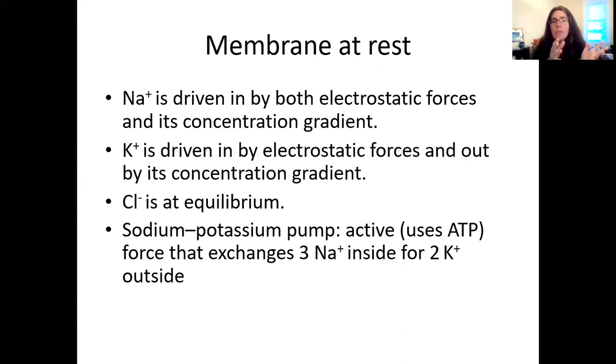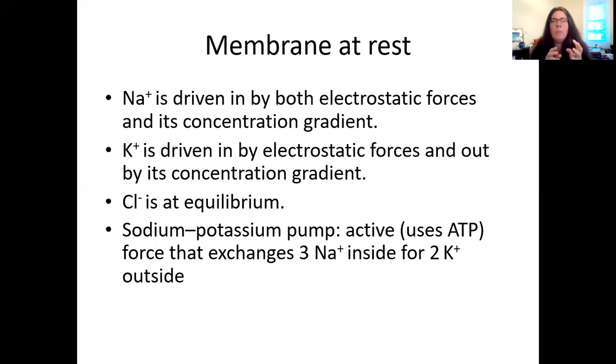Now, potassium is a little more concentrated inside the cell than it is outside of the cell. So the concentration gradient wants to move potassium out of the cell. So these forces are working in opposition. One wants to move potassium inside, the electrical, and the concentration wants to move potassium outside of the cell.